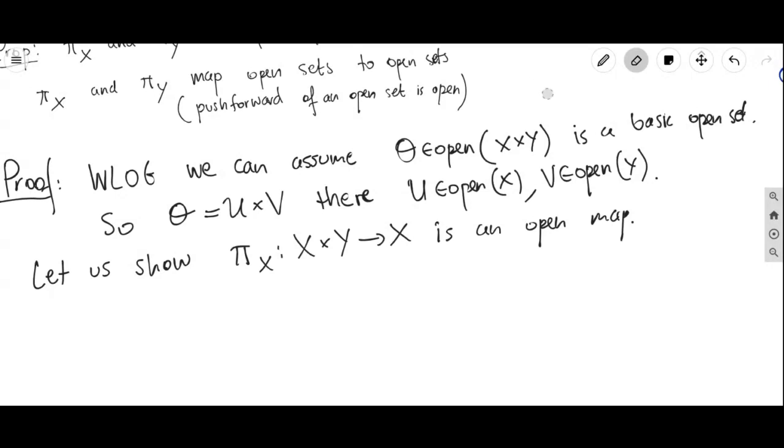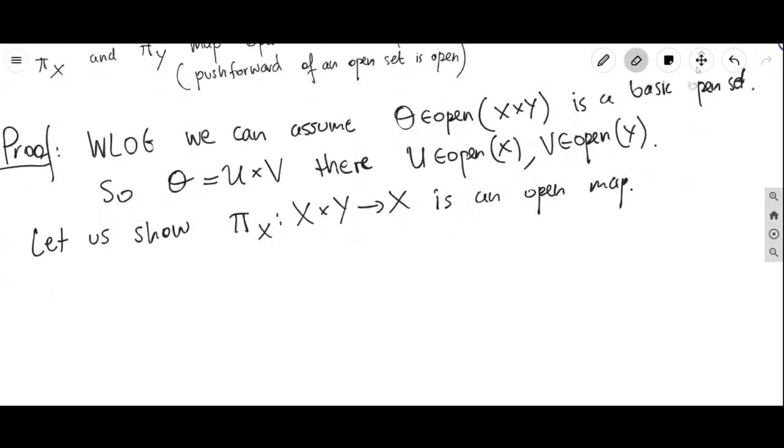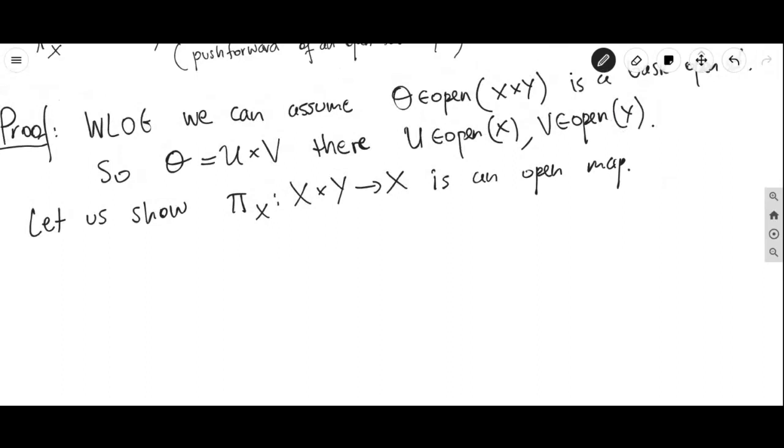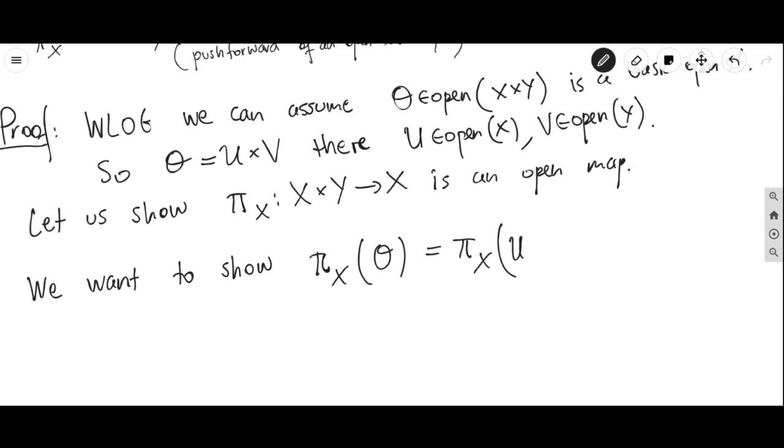I just do not want to interrupt the flow of the proof. So you pick an open basic set. Here's O, it's this. And we want to show that pi X of U times V, where you're pushing the open set forward, is open.